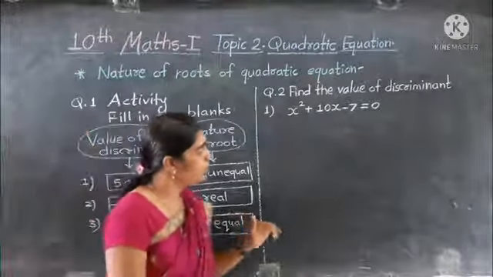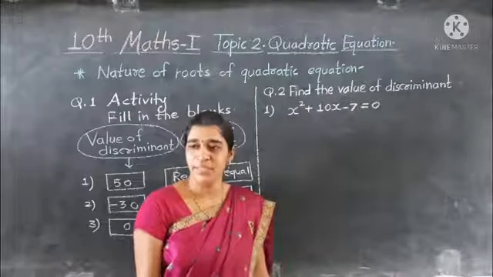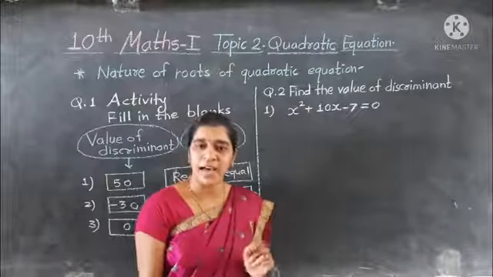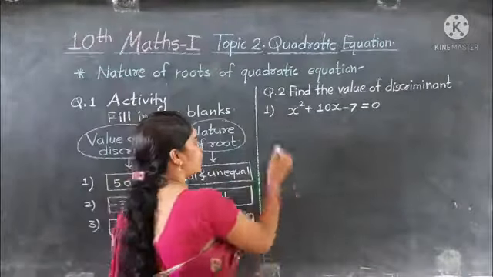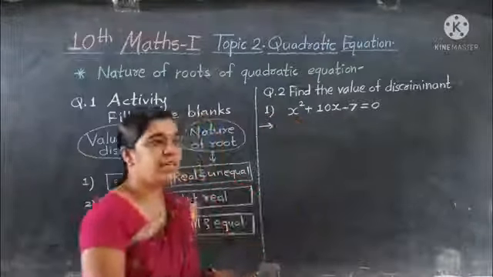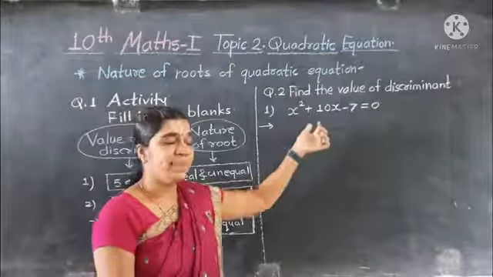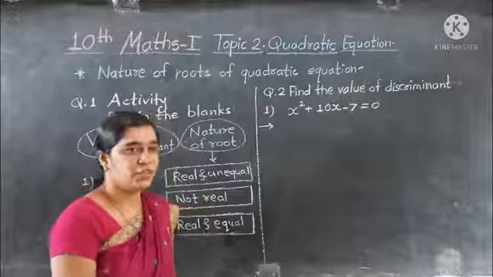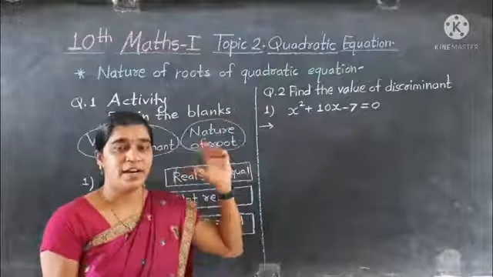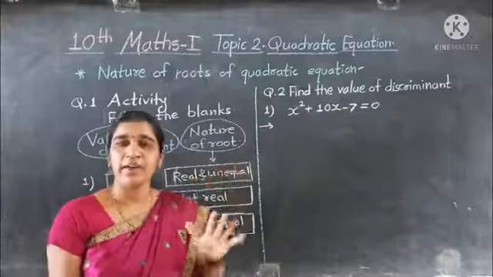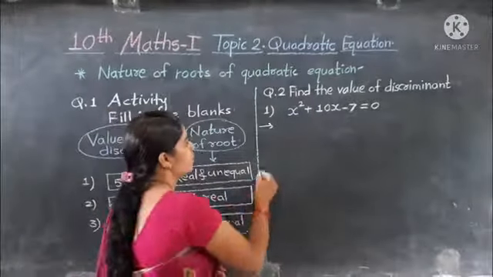Now second example, find the value of discriminant. We have to find the value of discriminant, means the value of delta, that is the value of b square minus 4ac. So for finding the value of discriminant, we have to find a, b, c from the given quadratic equation. So in the first step we have to write it in standard form again, and then we have to find a, b, c, and then we find the discriminant.